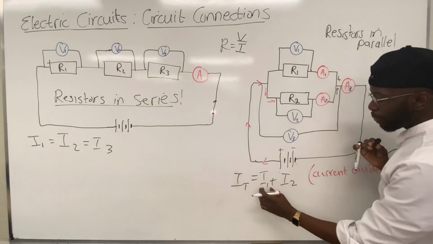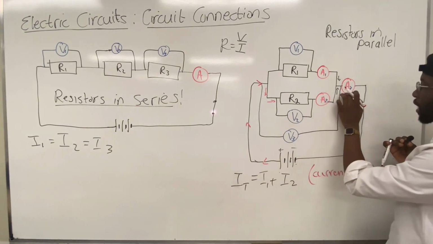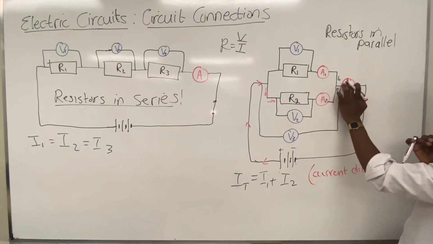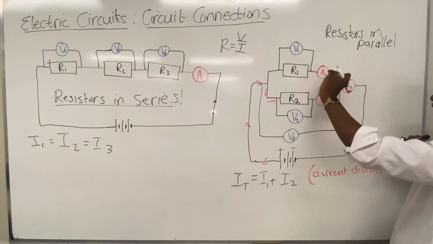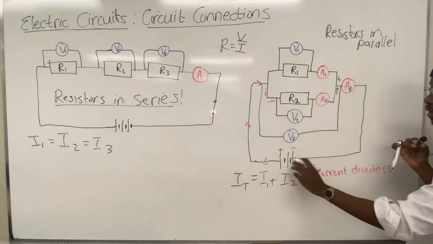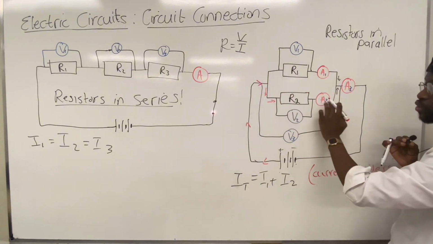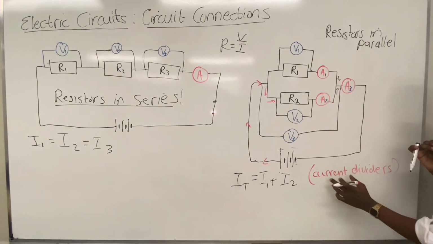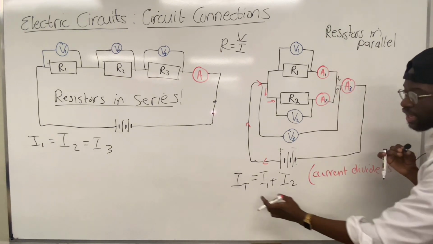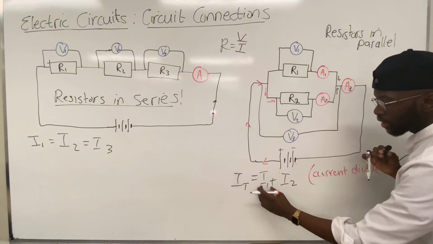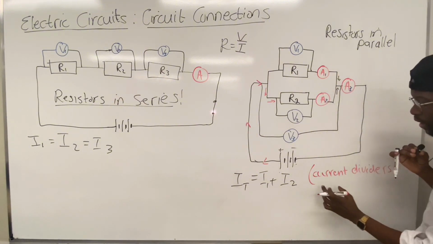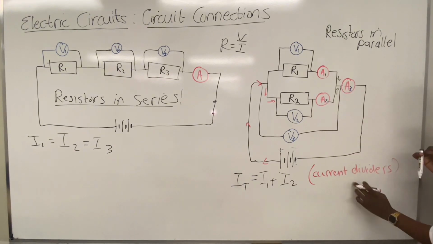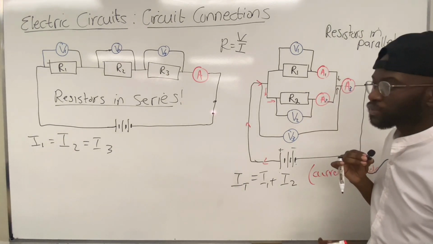So when you combine all those currents, you get the total current, which is the current of this one, because all of the current will pass through here, but it will divide in these two paths. So we call resistors in parallel current dividers, and the total current will be the sum of all the measurements on the ammeters that you have, even if you have more.